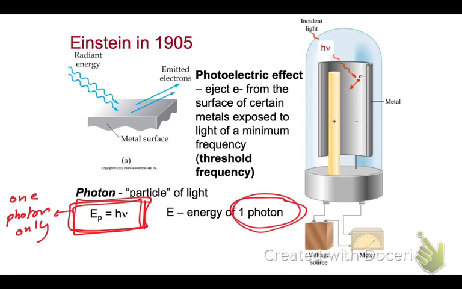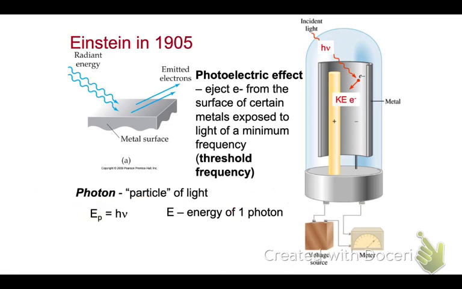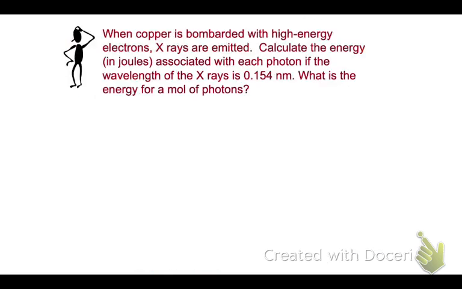Remember, this equation is only for one photon. So the conclusion from Einstein's work is that light has both natures, the wave nature and the particle nature.